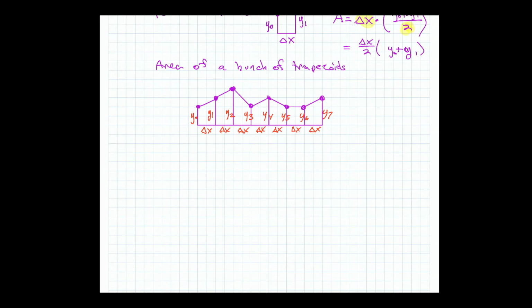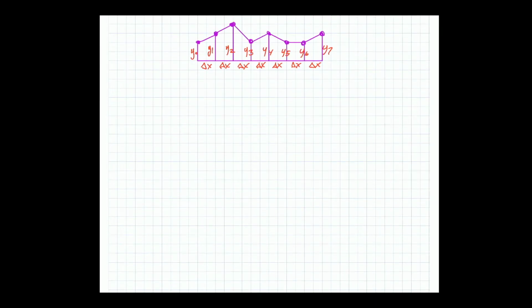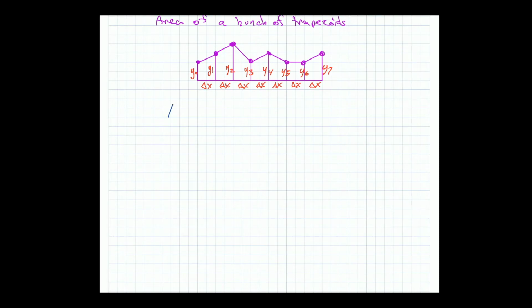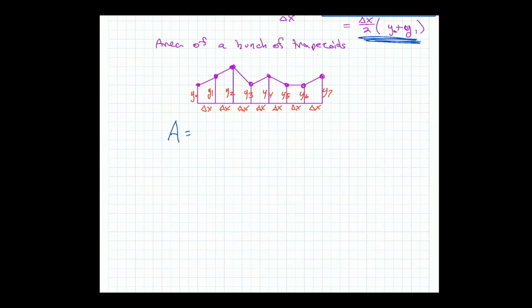Now, if you want to get the area of that, you have to add up a bunch of areas like this one over here. And that's fine, we can do that, and we are going to do that. So the area is going to be the area of the first trapezoid. Now the area of the first trapezoid, I know I can write it this way: delta x over 2 times (y0 plus y1).